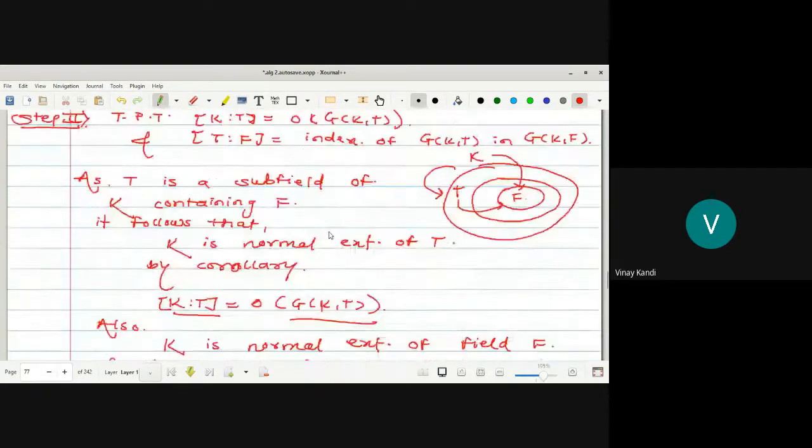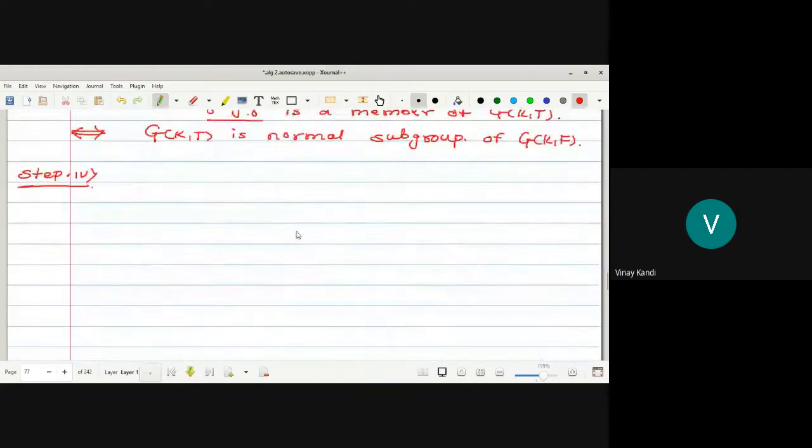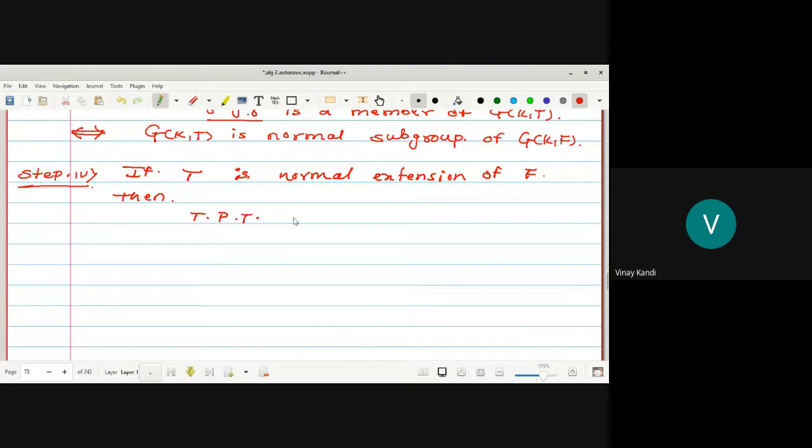Okay, step number 4. Write down the given thing. If capital T is a normal extension of capital F, then to prove that G(T/F) is isomorphic to the quotient group G(K/F) divided by G(K/T).